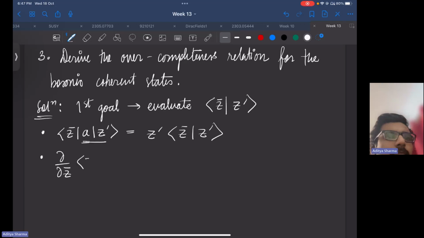Del del Z bar acting on Z. So from these two, we are going to get this thing.